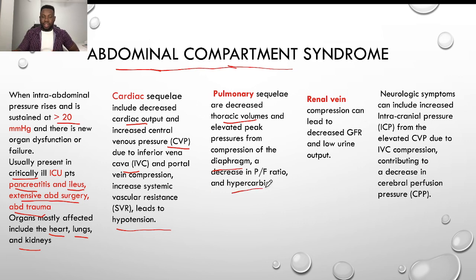And they will have hypercarbia, so let's think of that. They also have a decrease in the PF ratio. Renal: they have compression of the renal vein, as we said earlier, and that will decrease our GFR and decrease our urine output. So let's take note of that.